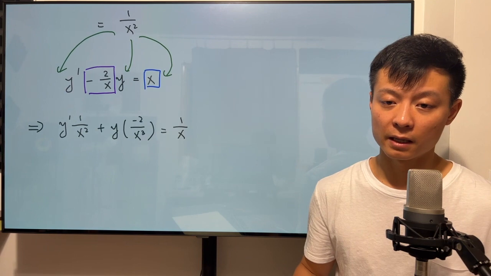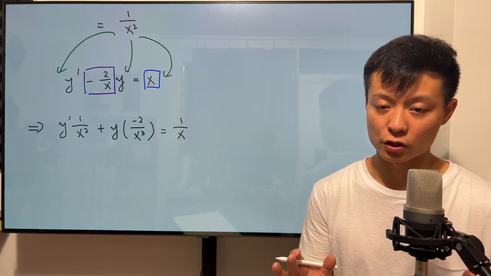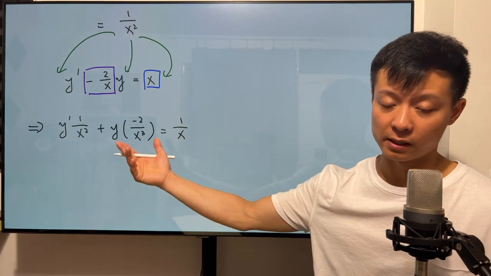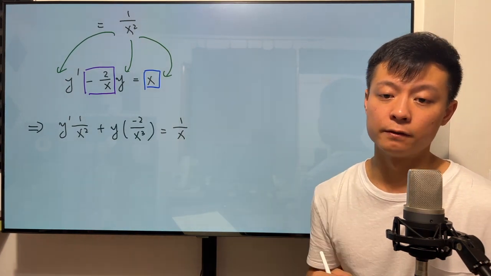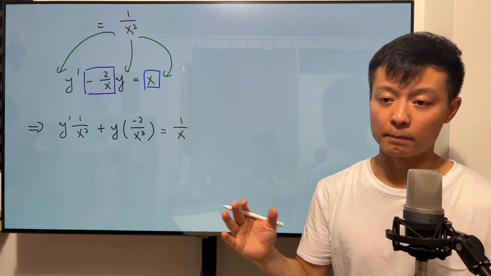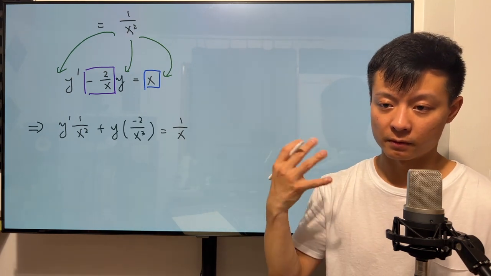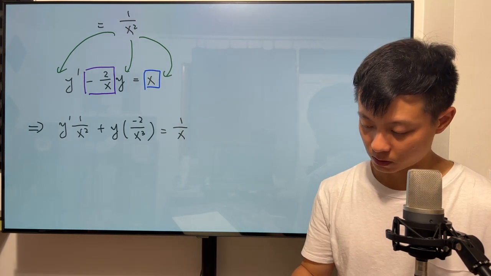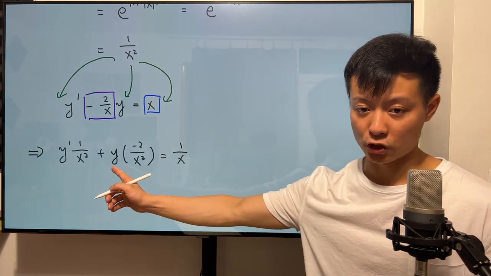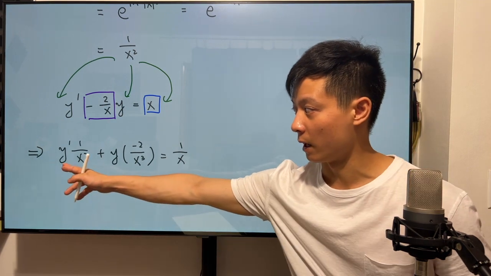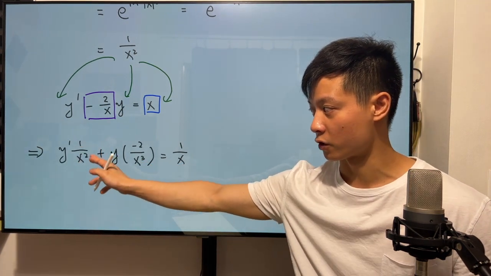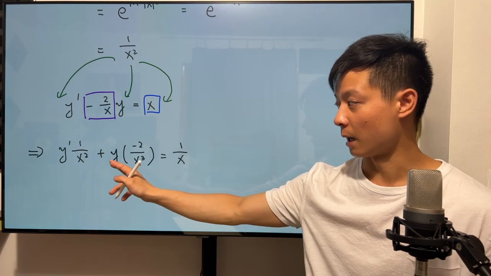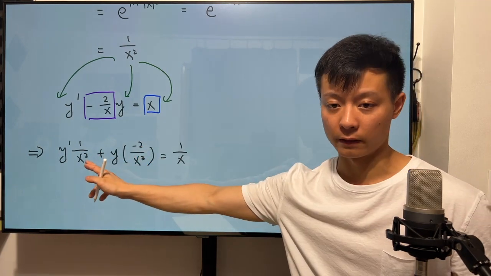Okay, and also from our previous discussion, we know that the left hand side is going to look like the derivative of a product, which can be turned into that derivative of the product by using the rule. So if we take a look at the expression here, we see that this is y prime times this function and plus y itself times the derivative of this function.